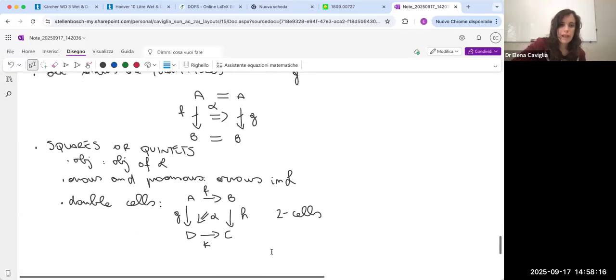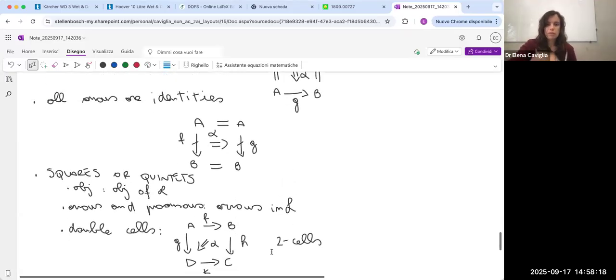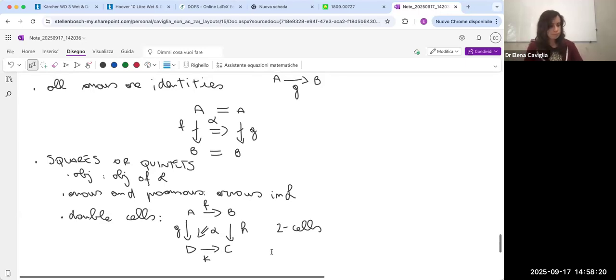All right, so we have these three different ways of seeing a two-category as a double category.